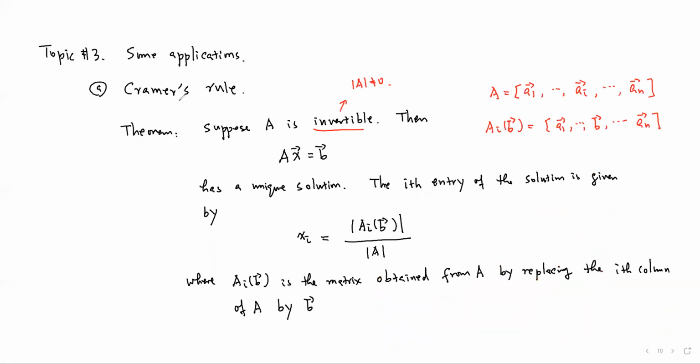We can use determinants to find some entries of the solution of a linear system. Yeah, Cramer's rule. This is our first application. Now, second application, we can use determinants to compute the inverse of a matrix.